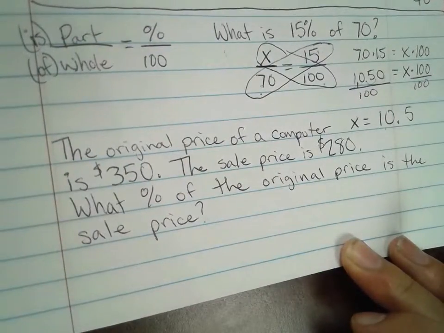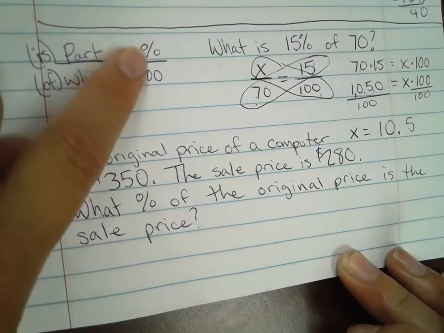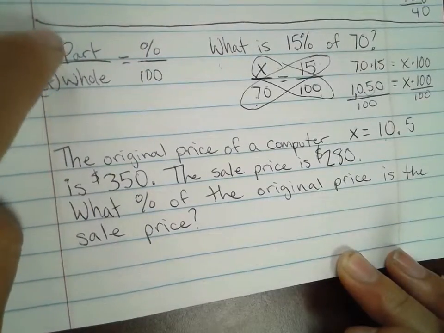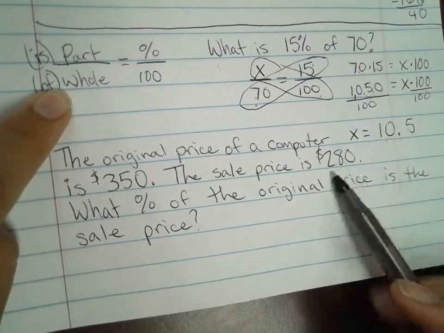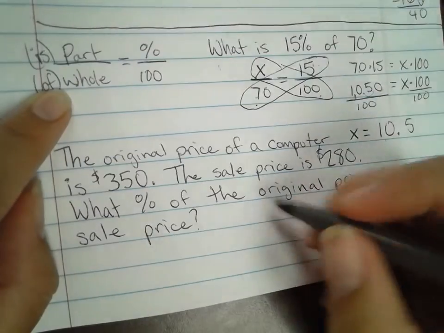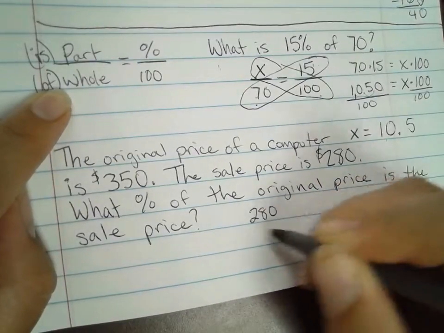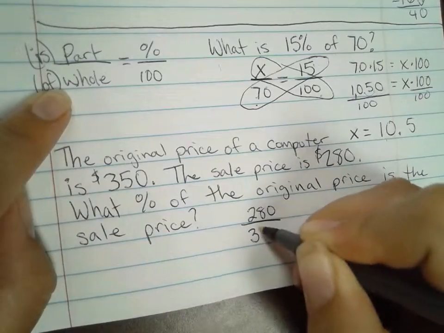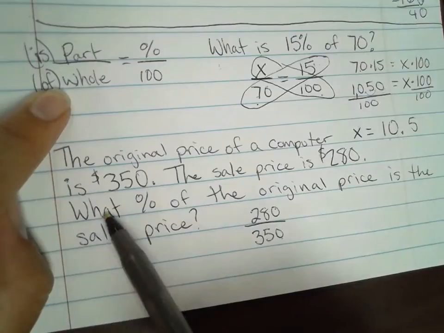Okay, we have a story problem. This is where you've got to pick out things. We're still comparing part to whole equals percent out of 100. So is the sale price the part or the whole? The sale price is part of the original price. So the original price is the whole. So we're going to put 280 up here over 350. Part and whole. And I'm trying to figure out what percent.